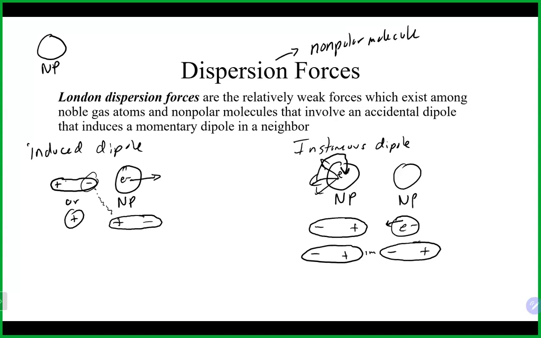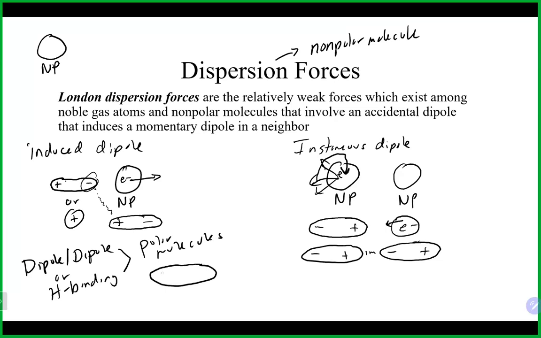That is different than, for example, when you have a dipole-dipole interaction or a hydrogen bonding interaction, because these guys have polar molecules. The difference between polar molecules and nonpolar molecules is, for example, if you took something like water, no matter what you do to water, it always has a positive side and it always has a negative side.